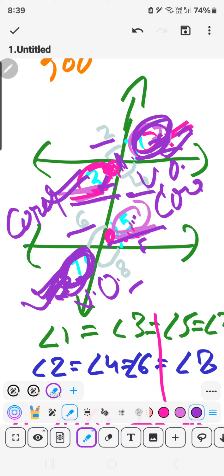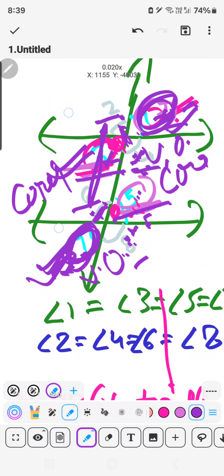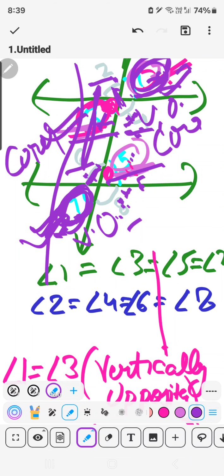Vertically opposite, corresponding, alternate interior, right? Now, vertically opposite. From this, alternate interior, corresponding, vertically opposite. Vertically opposite, corresponding, and alternate exterior. Clear?